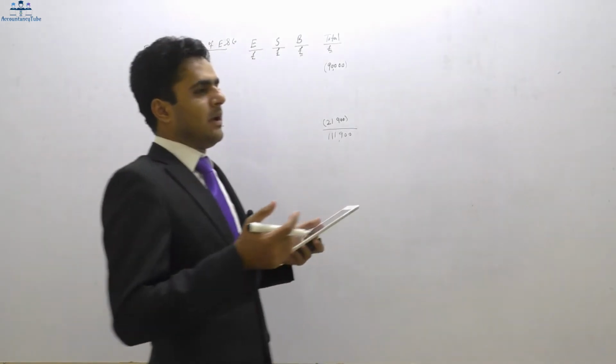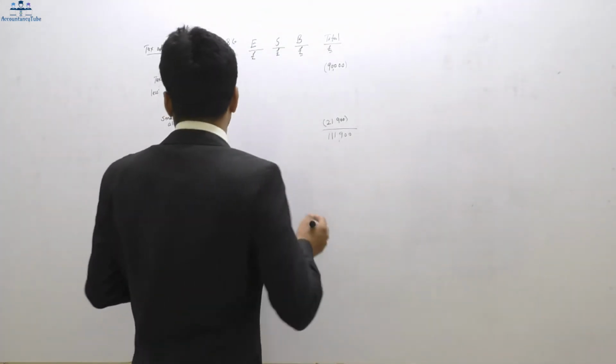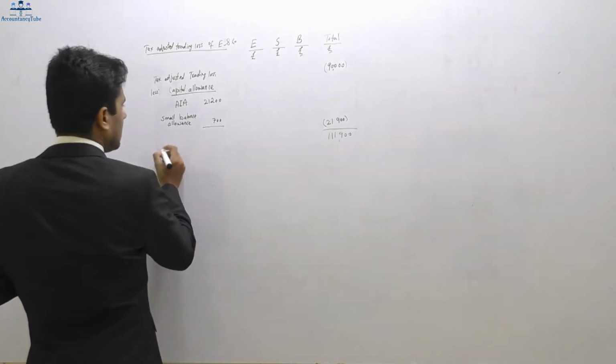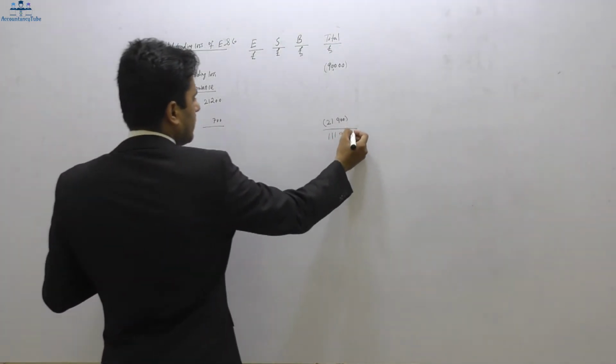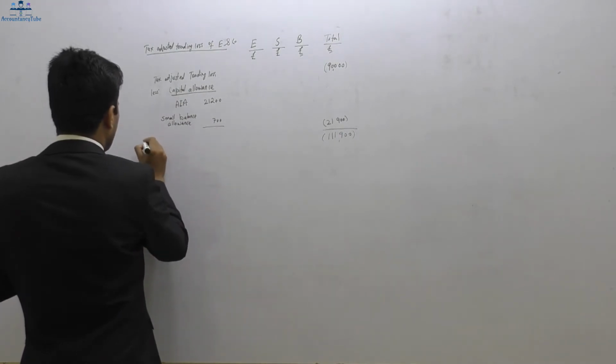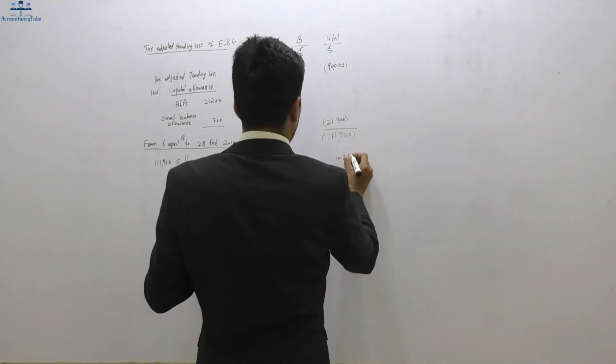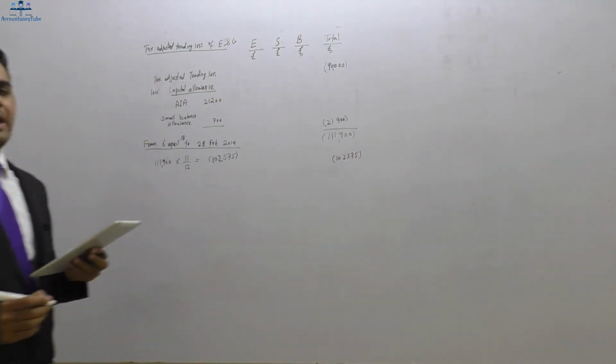So it will be from 6th of April to 28th of February, which would be 11 months. So it is a loss as well, and 2575, that is the loss for the 11 months.